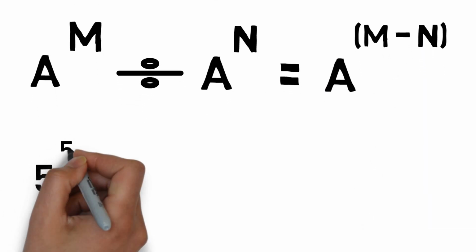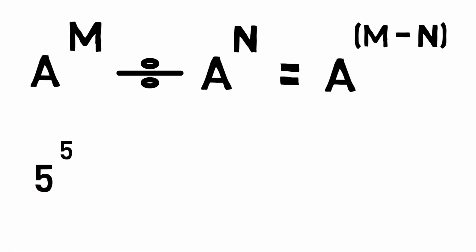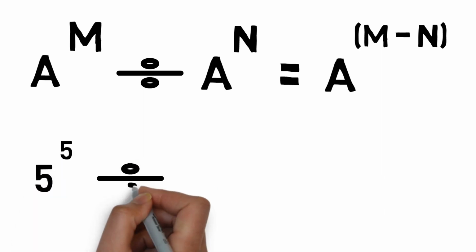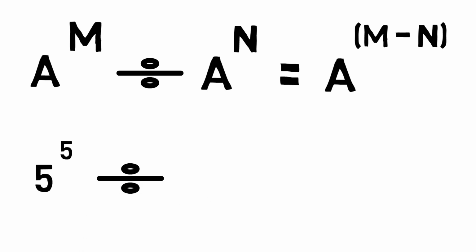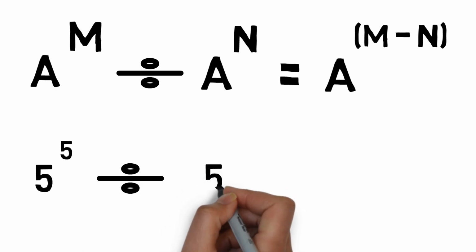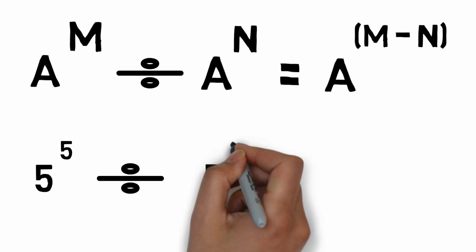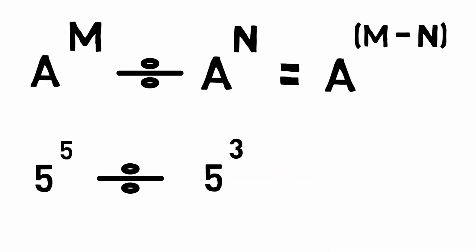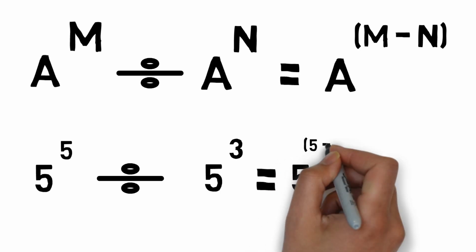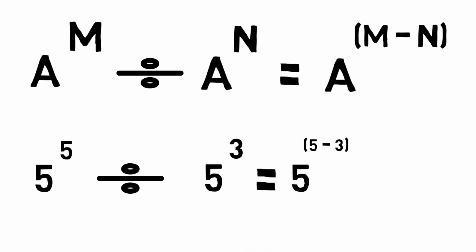Let's have a look at an example here as well. So 5 to the 5th power divided by 5 to the 3rd power. Very important, we talk about division. Here we have 5 as base number as well, and our exponent here is 3. That means we have one base number, which is 5, and now we just need to subtract 3 from 5. So 5 minus 3.